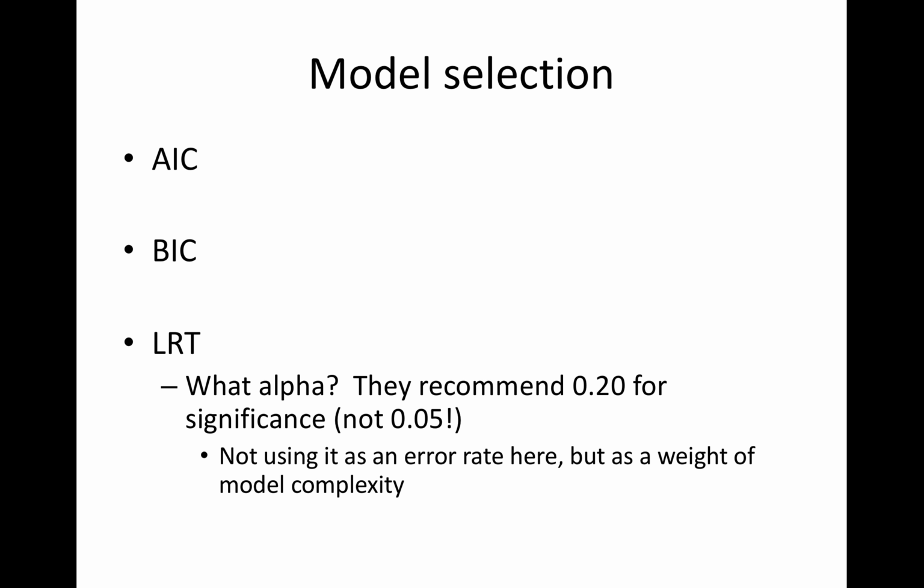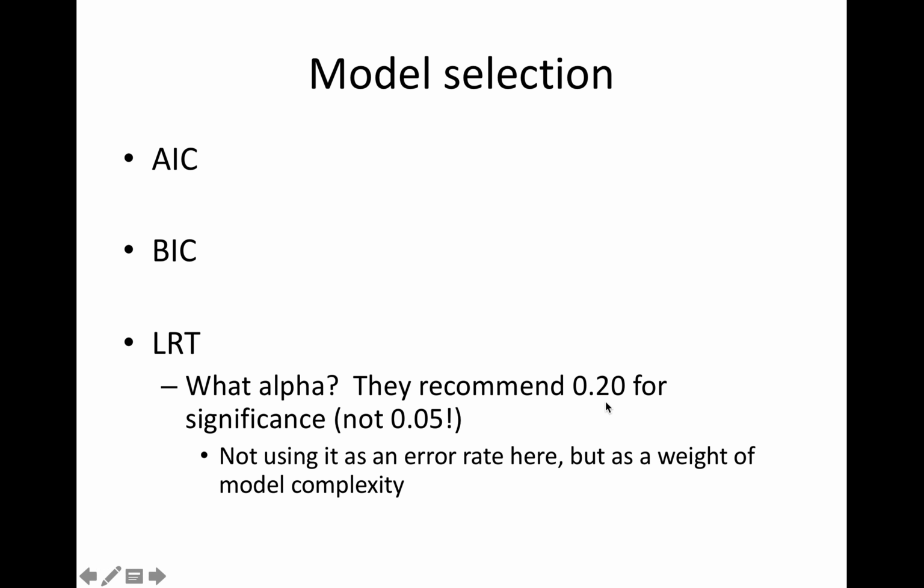They consider different model selection criteria, AIC and BIC, and likelihood ratio tests, which you can get by running ANOVA on 2 nested models. They do not recommend using 0.05 for alpha because this isn't about false positives. They recommend 0.2 because this is a weight of model complexity. So yeah, a much higher threshold.